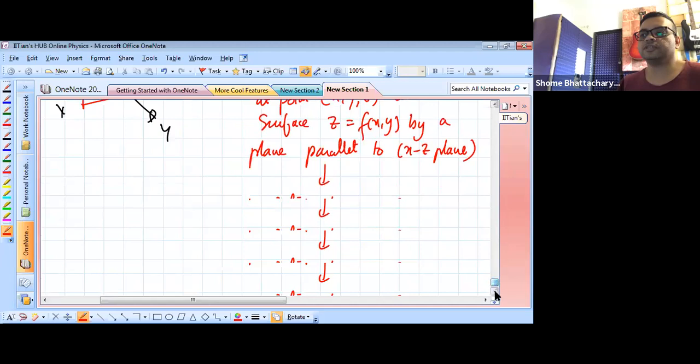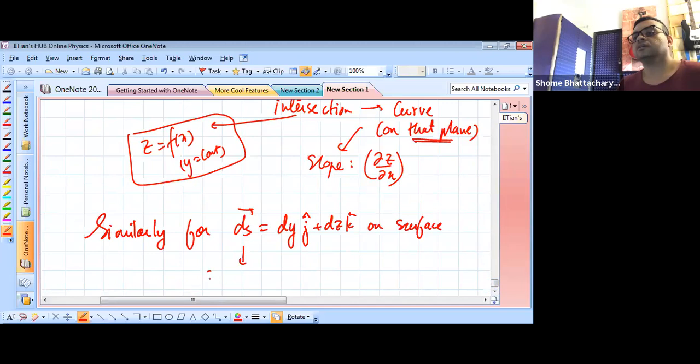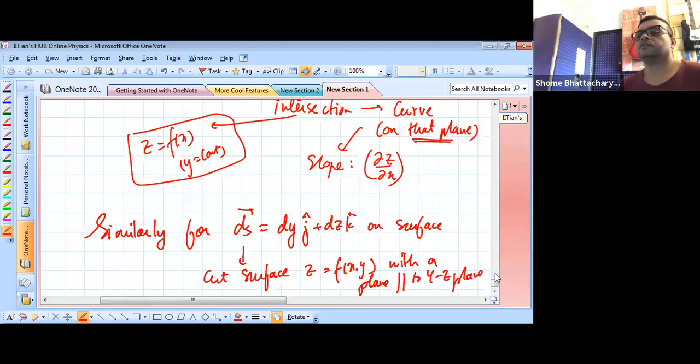So the slope of the curve that you will get... Similarly, for a displacement ds, which is just dy j cap plus dz k cap on the surface, that means cut the surface with a plane parallel to the YZ plane.